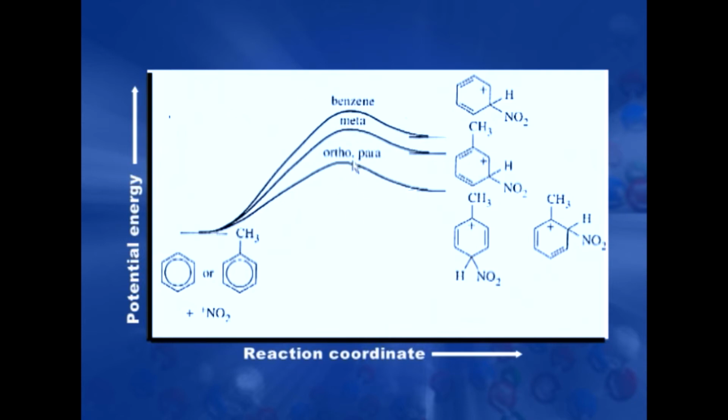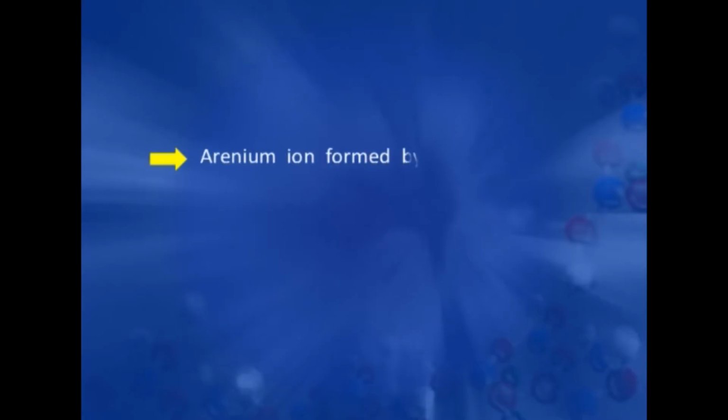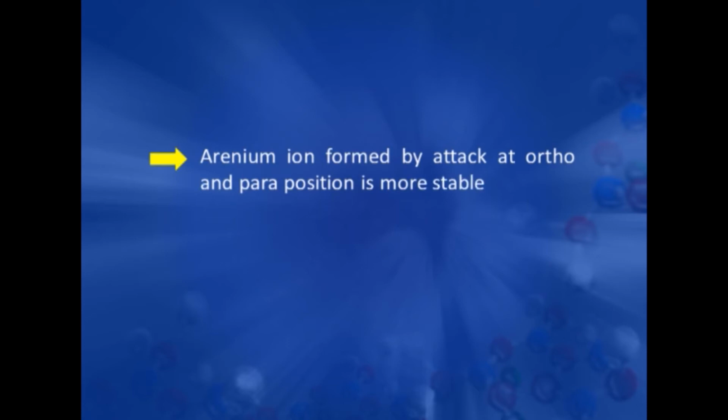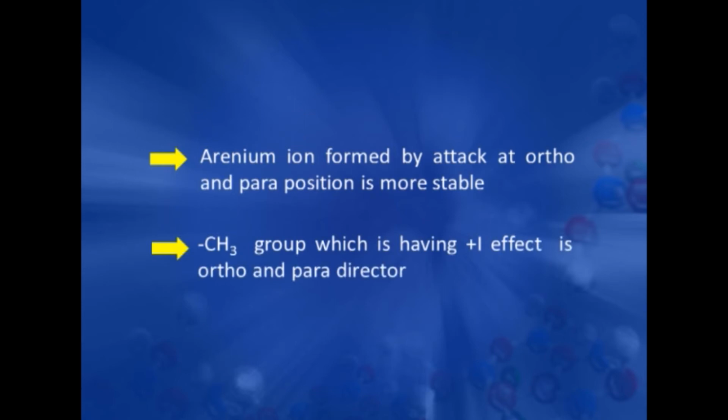And further, ortho and para have less E activation as compared to meta, and this is only due to the more stabilization of the intermediate via the presence of a more stable resonating structure. So, thus we can say the arenium ion formed by attack at ortho and para positions is more stable. So, the methyl group, which has a plus I effect, is an ortho and para director.